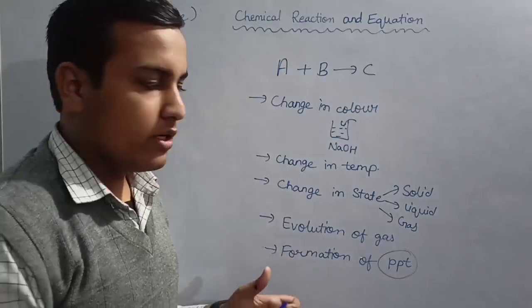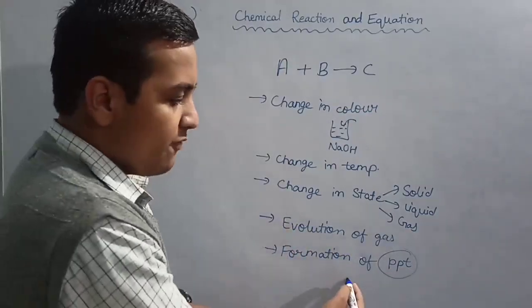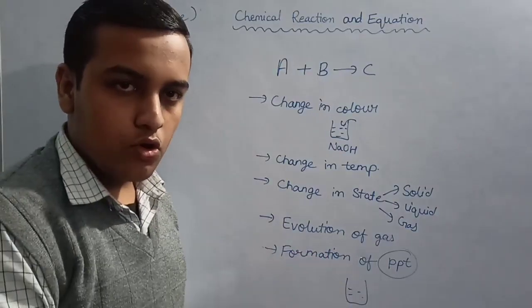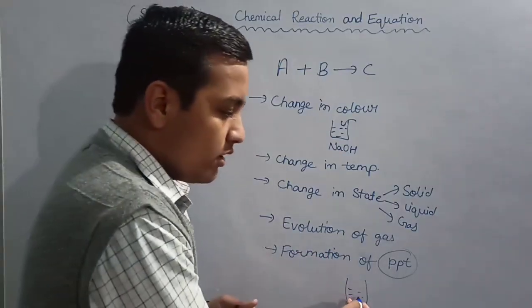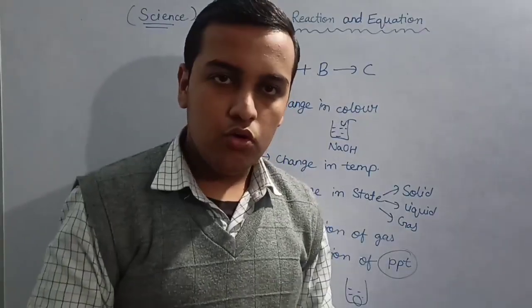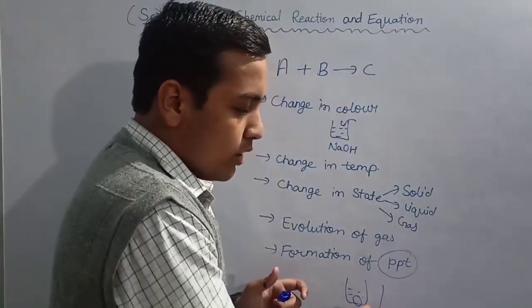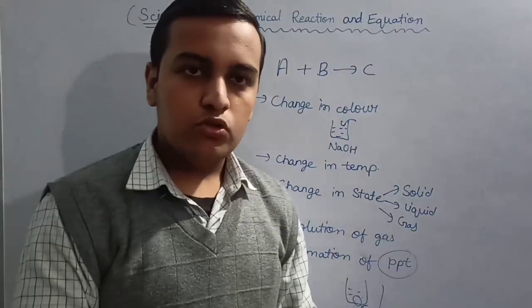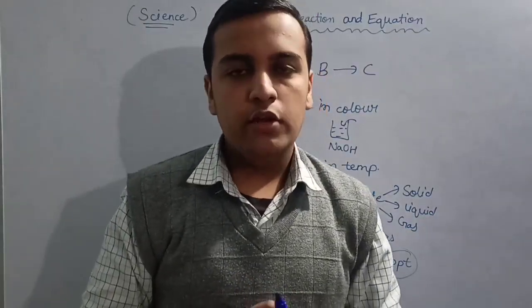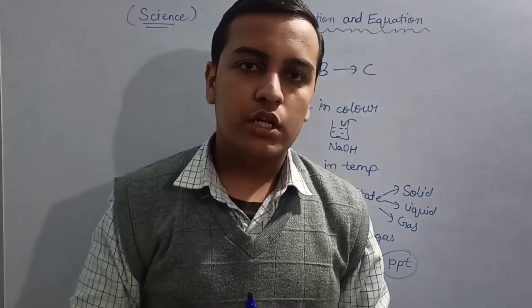That settled down product is known as a precipitate. For example, if I put a stone into water, the stone does not dissolve in water, but settles down. That settled down product is known as a precipitate. So anywhere a precipitate forms, you can say that a chemical reaction has taken place.